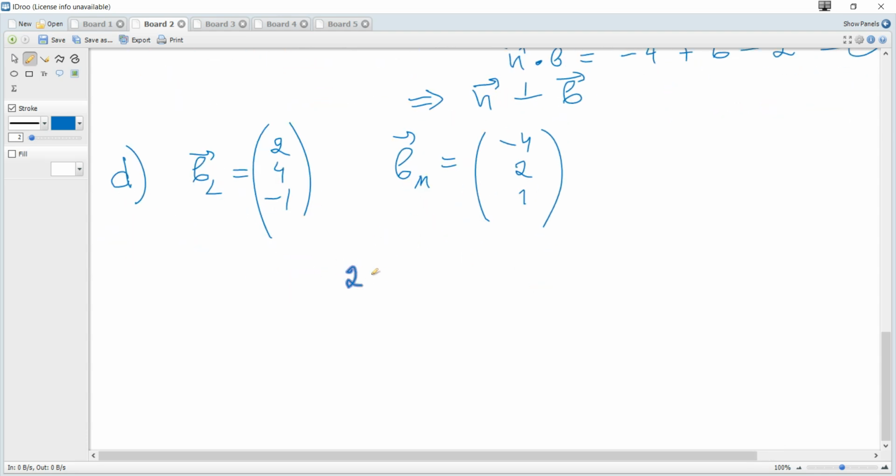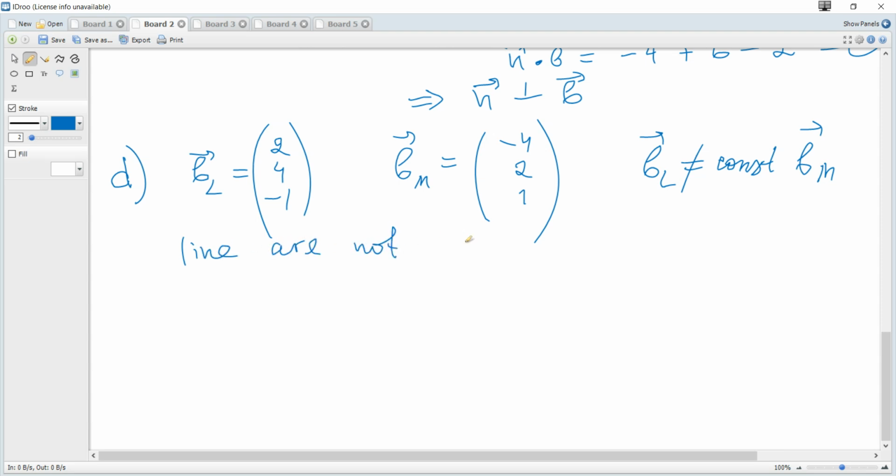I mean that for two vectors to be parallel, it must be like this: 2, 3, 20, 30, and we can write that one direction vector is a constant multiplied by the other direction vector. It implies that the lines are not parallel.